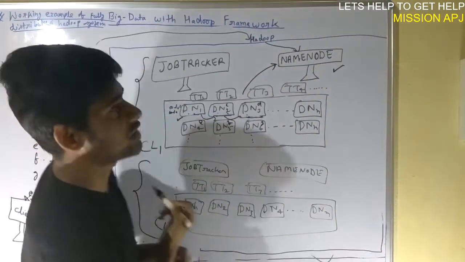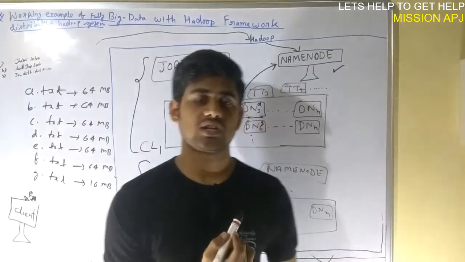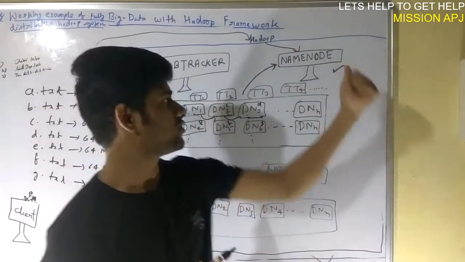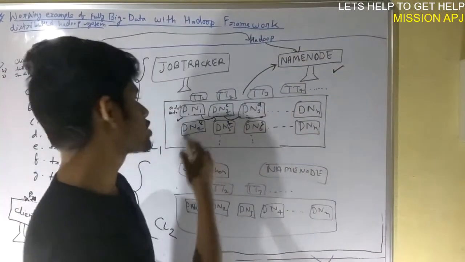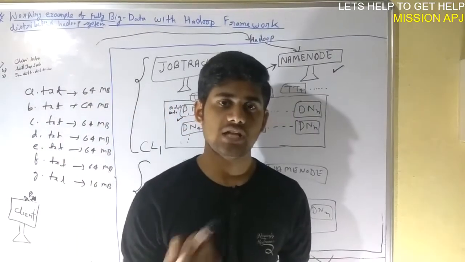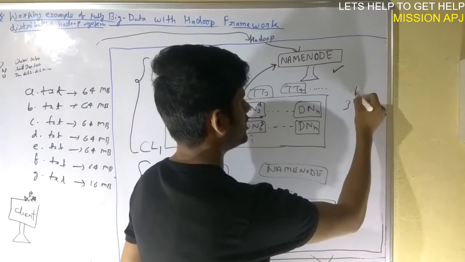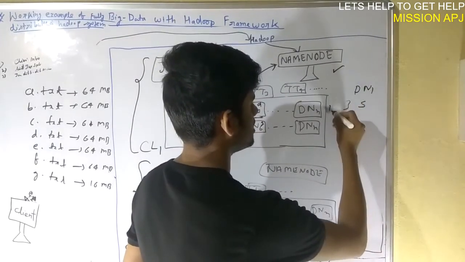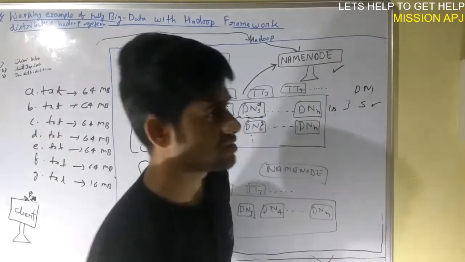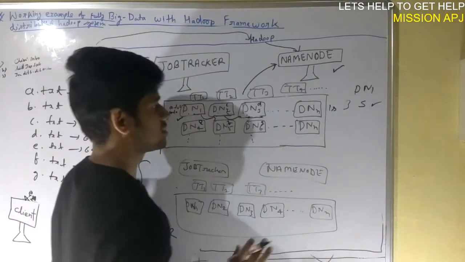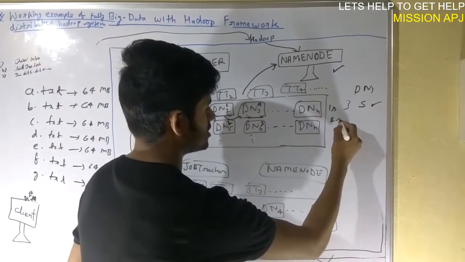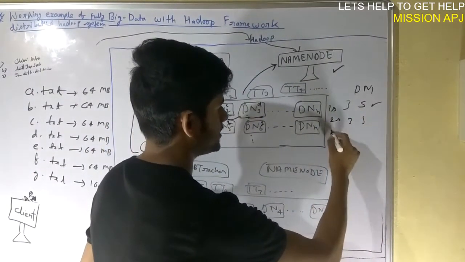So suppose data node 1 has failed. How will the name node understand this? Data node 1 will stop sending the heartbeat every 3 seconds. Suppose in the first 3 seconds, data node 1 has not sent the heartbeat, and in the second 3 seconds it has not either, and so on.